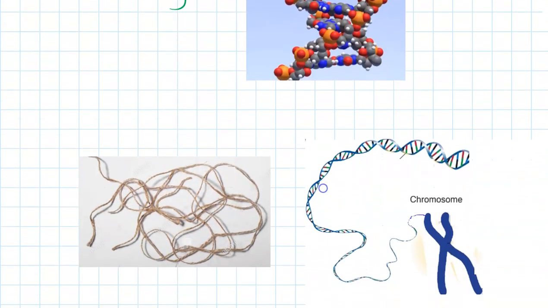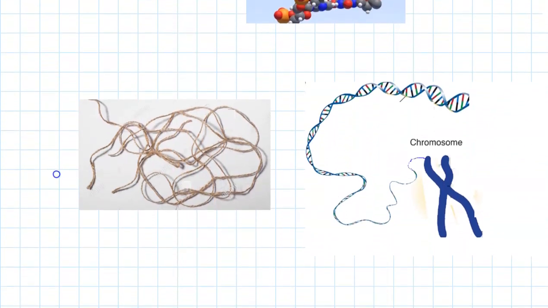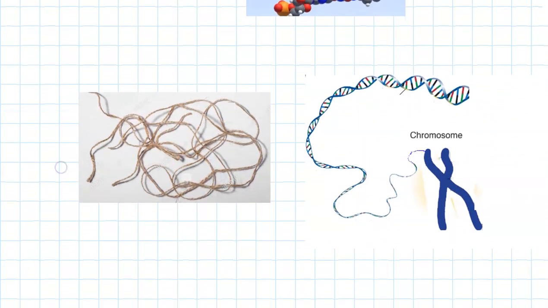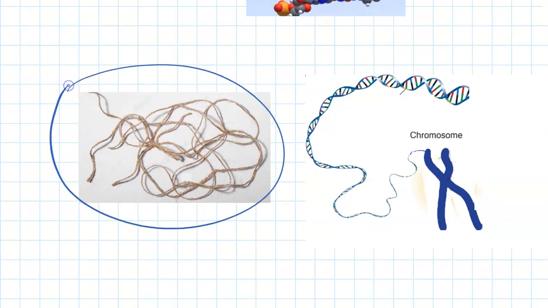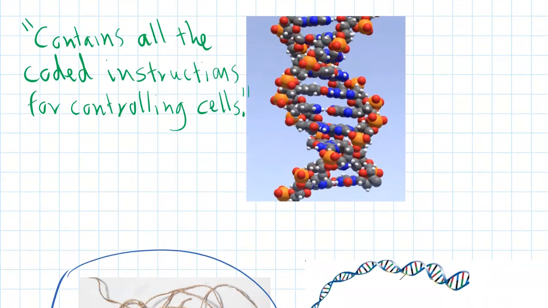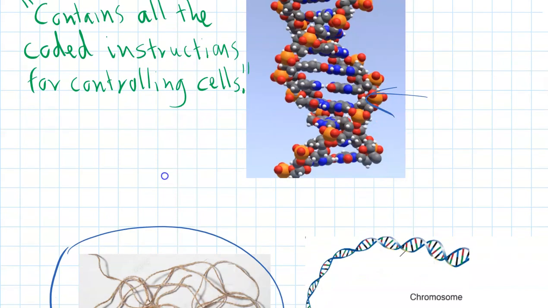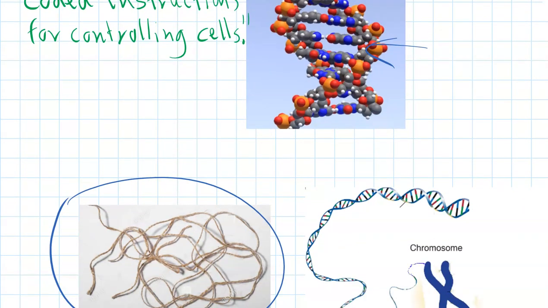So here's another look at DNA. You can really just think of DNA as long pieces of string, because you can see here the detailed structure of DNA, except DNA molecules are really, really, really long.